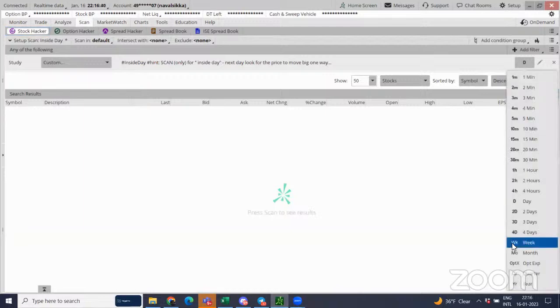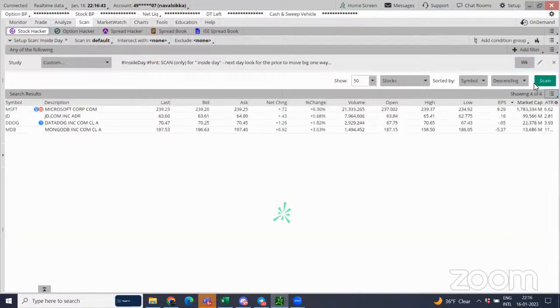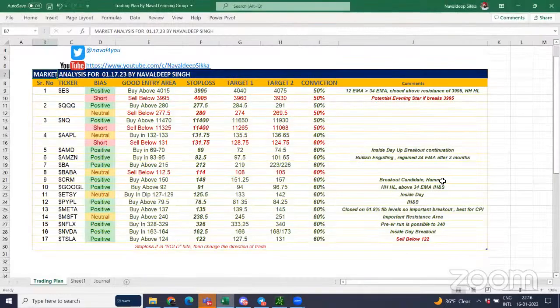All right, so let me start from the scan. I'm making it a weekly scan. So Microsoft, JD, DDOG, and MDB. Microsoft is an inside week. I'm just making a note: inside week.